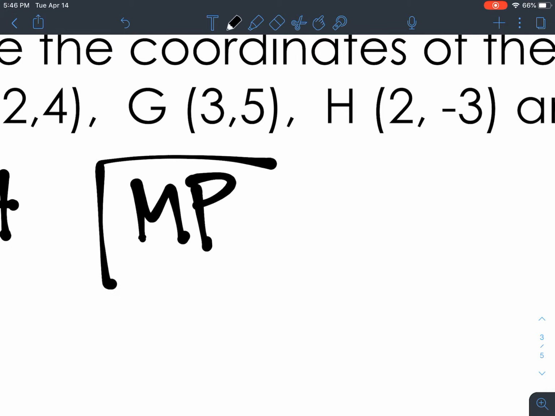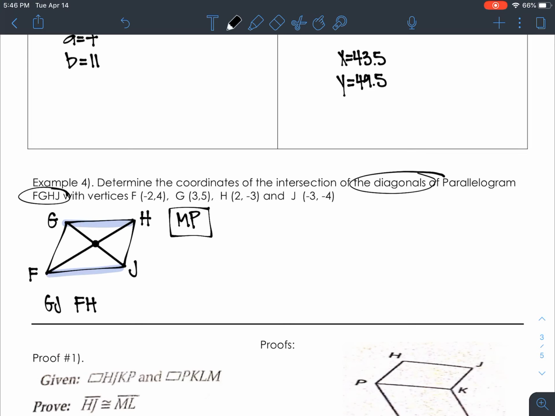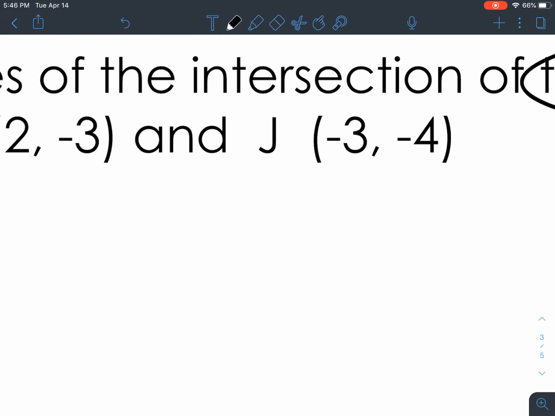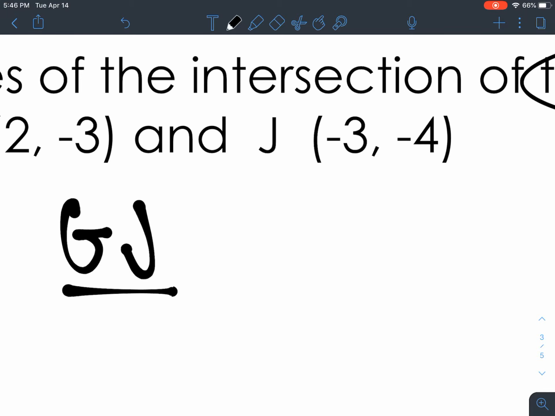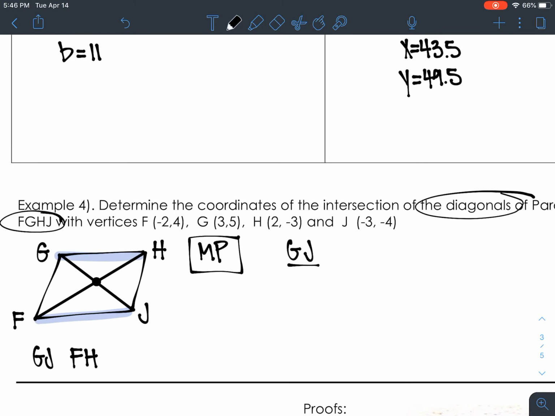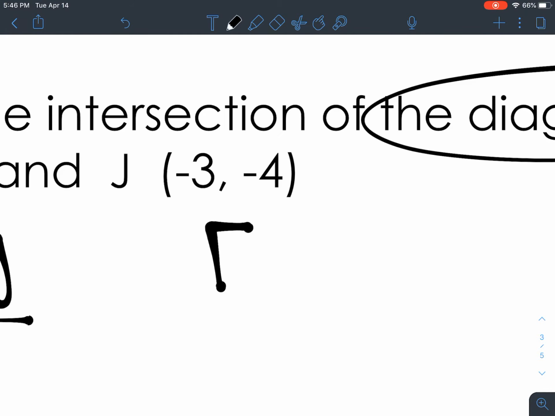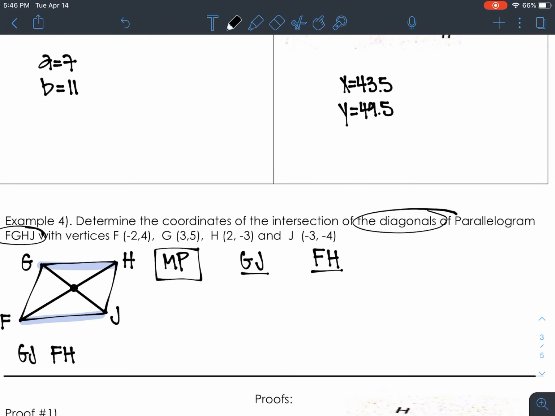That's what bisecting means. So what I'm going to do here is find the midpoint of the diagonals, and they should match. I'm going to look at the midpoint of GJ, and just to double check my work, I'm going to find the midpoint of FH, and see if they match. They should match because it's a parallelogram.